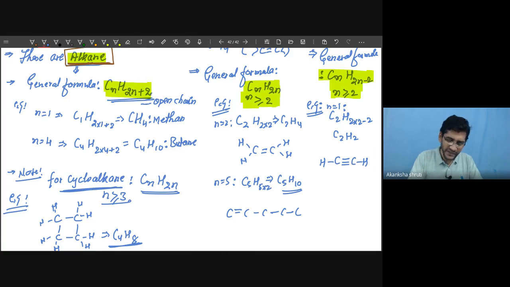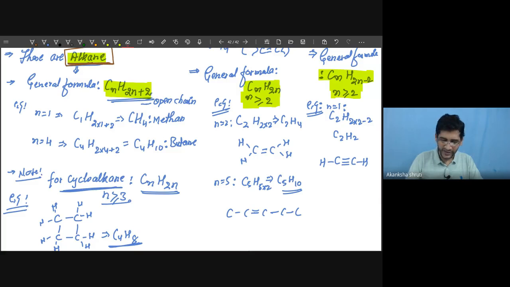Similarly, taking the bond between the second and third positions, even if you take the double bond here, it will be identical to placing the double bond there. So you can take any place. This way the isomers get developed here.